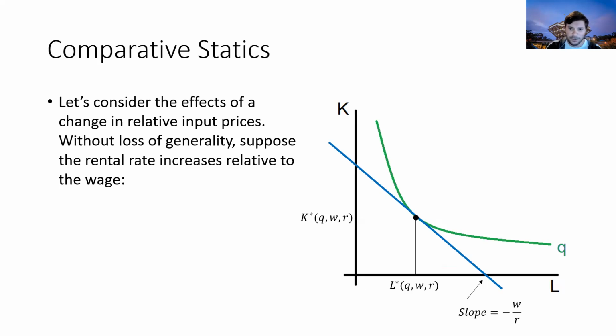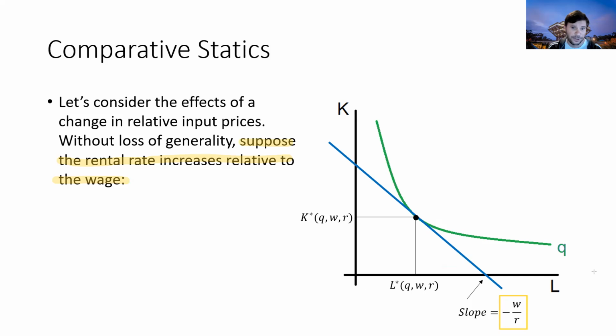So let's take a look at an example here without too much loss of generality. Let's suppose that the rental rate increases relative to the wage. If the rental rate increases, that means the slope term is going to get smaller in magnitude. Everybody okay with that?